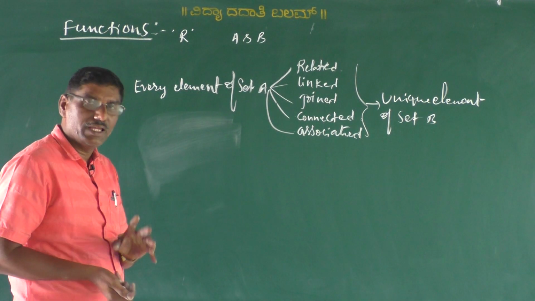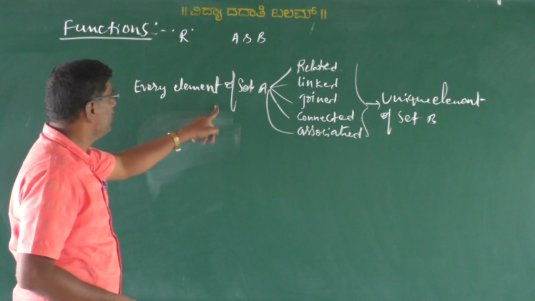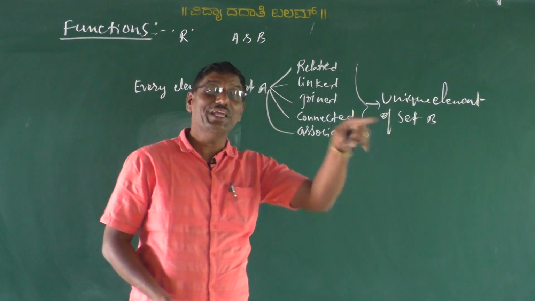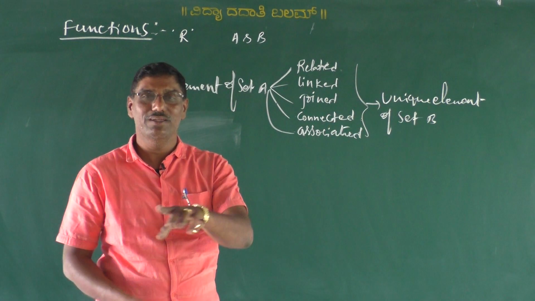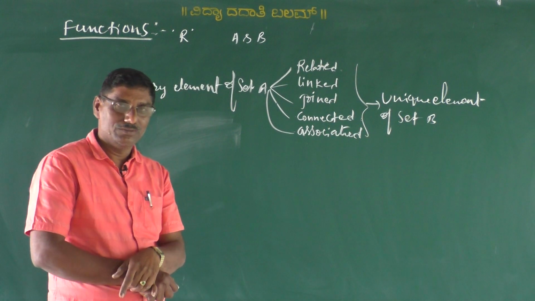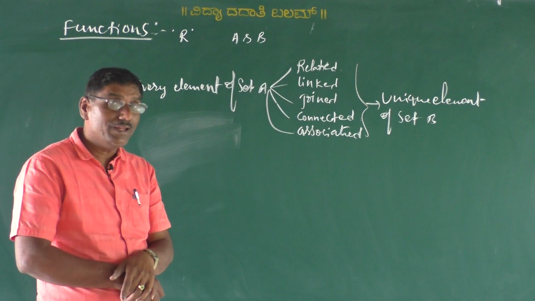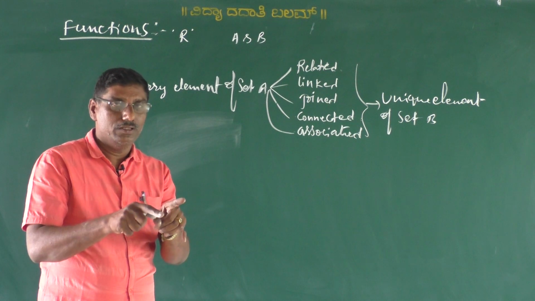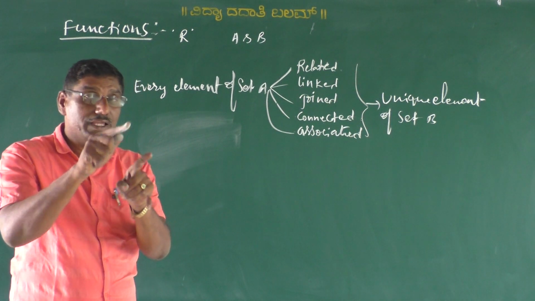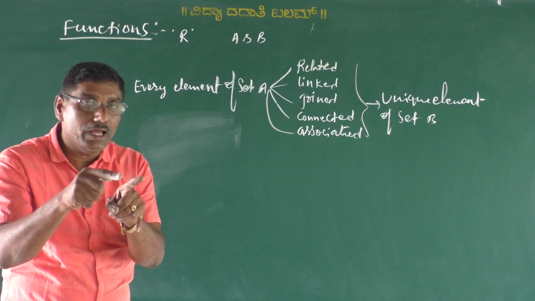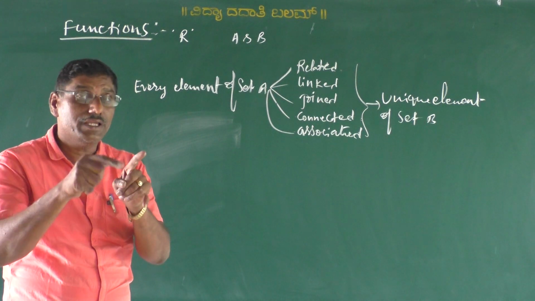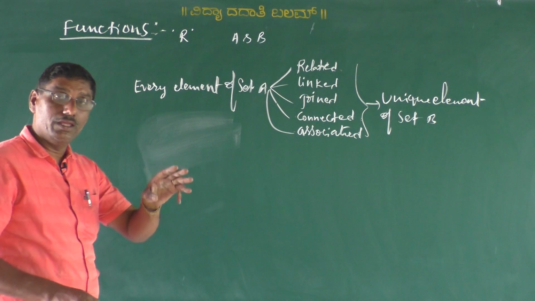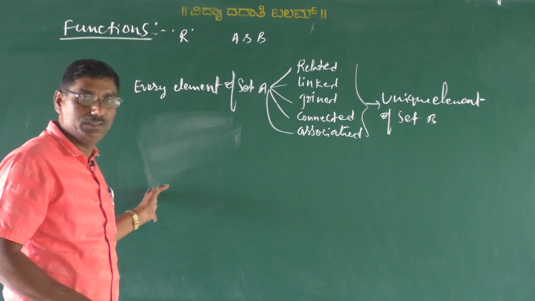How, sir? Every element of set A has a unique image in set B. That we already know. In a relation, I defined the second element of an ordered pair as the image of the first element, isn't it?